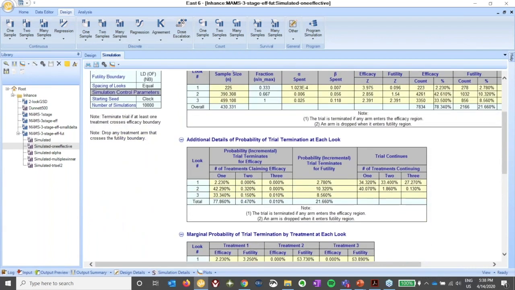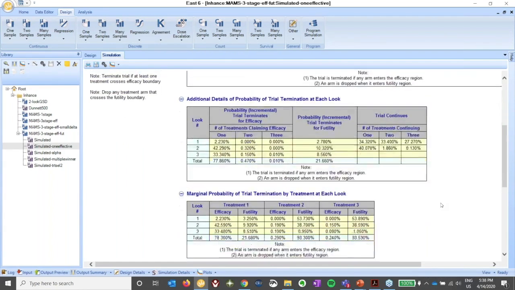Furthermore, you have additional details in the simulation sheet. For example, you can see that treatment 1 would gain you 77.8% power by winning alone, while you would have only 0.47 for treatment 2 and 0.01 for treatment 3.